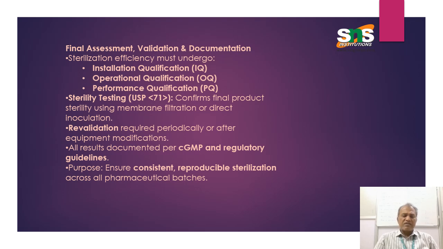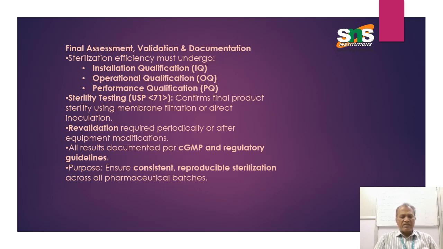After sterility testing is over, it confirms the final product sterility using membrane filtration or direct inoculation. These are the two tests to evaluate the product. After undergoing sterilization, the product sample has to be taken and go for the two methods of sterility testing as per the USP. The first category is membrane filtration and the second category is direct inoculation.